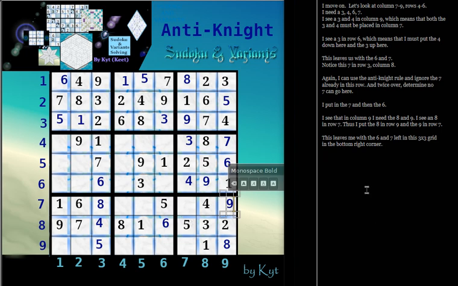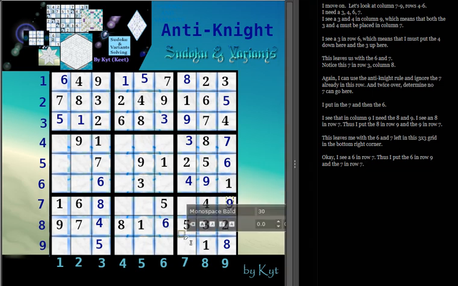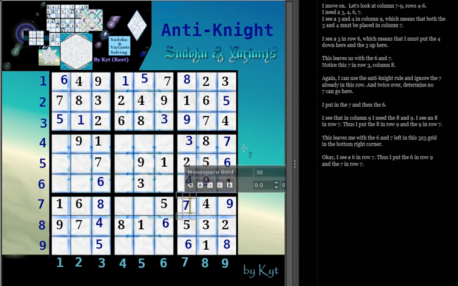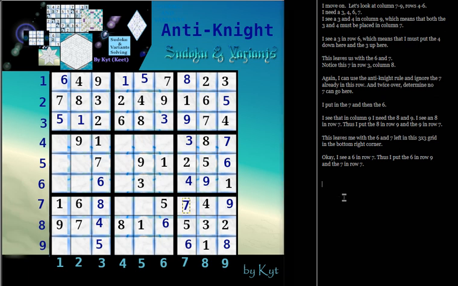Okay. I see a 6 in row 7, thus I put the 6 in row 9 and the 7 in row 7. Row 7 needs a 2 and 3.